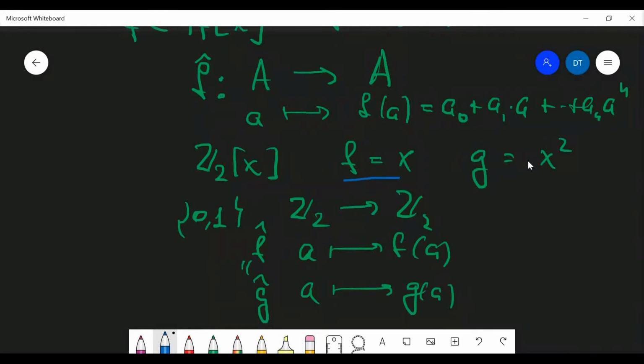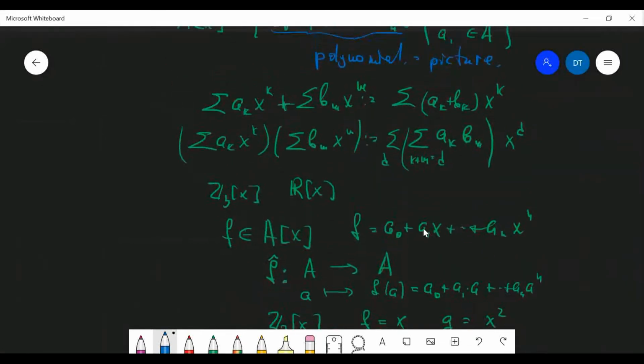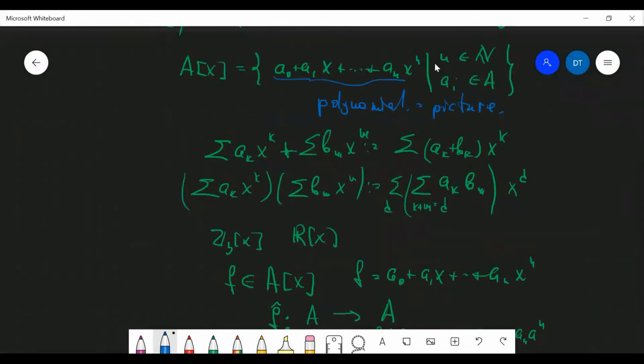So when you deal with finite rings, like here, consisting of finitely many elements, it may happen that different pictures give you exactly the same functions. But you want to distinguish the pictures, not the functions. So that's why an abstract definition of a polynomial is that the polynomial is a picture and it is completely determined by its coefficients.